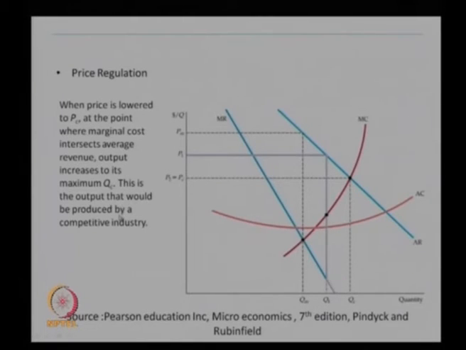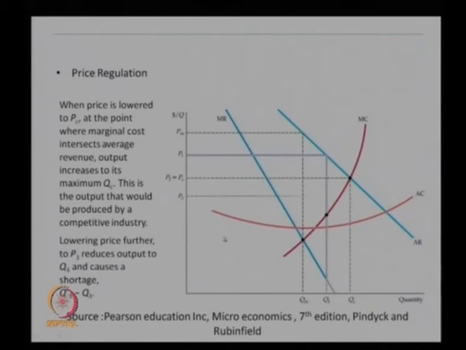This is the output that would be produced by the competitive industry, because when we find the equilibrium price and quantity in a competitive industry, we follow the principle where P equals MC, and at this point we get the output level QC and the price PC, which we can alternately call P2.